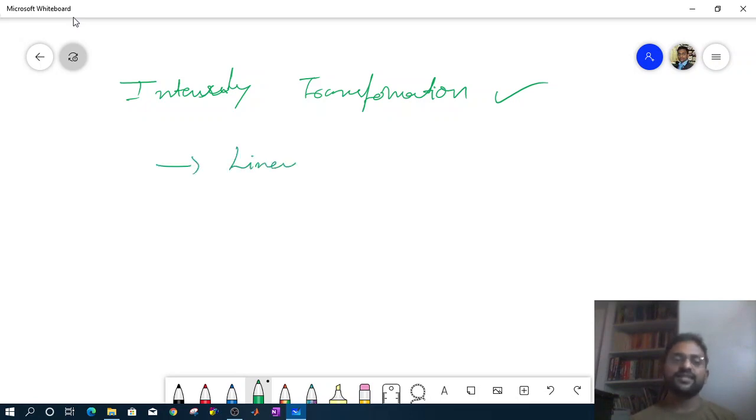One is linear intensity transformation, another is log intensity transformation, and another is power law intensity transformation. One thing I would like to mention is that it is not about how much knowledge you have. It is about how much information, with clarity, you have presented on the paper.